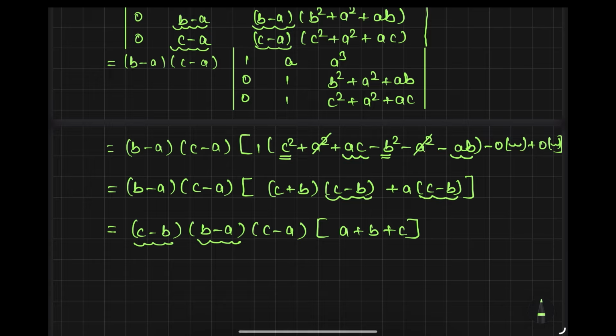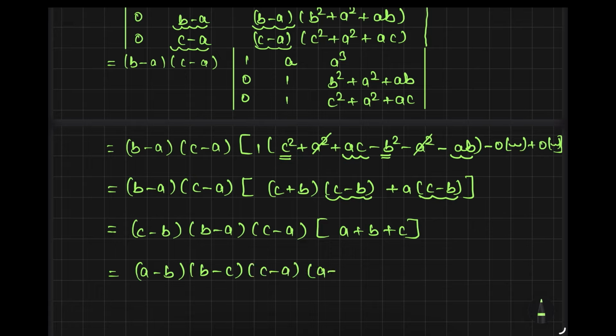So we take minus common from here and minus common from here, so both minus will become plus, minus times minus will become plus, and this thing will be transformed into a minus b, b minus c, c minus a, and then a plus b plus c.